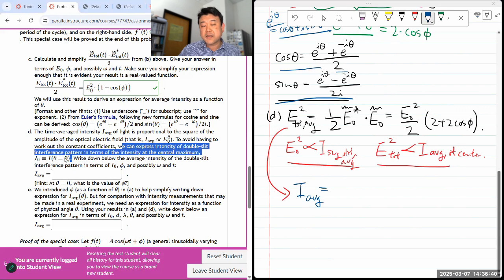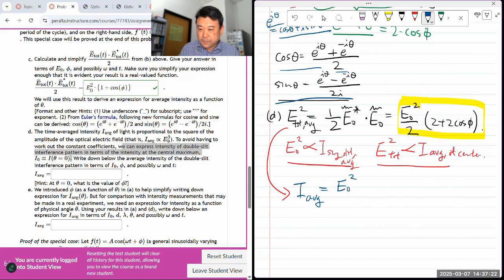It's the intensity at theta equals 0, the central maximum. Then I average should be absorbing into 1 plus cosine phi. And by this connection, are we saying that E0 squared is I0? I0 times 1 plus cosine phi.